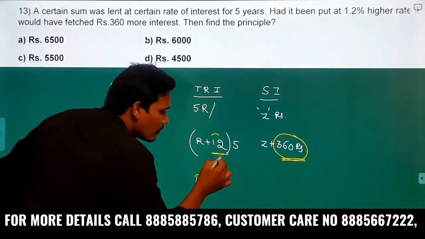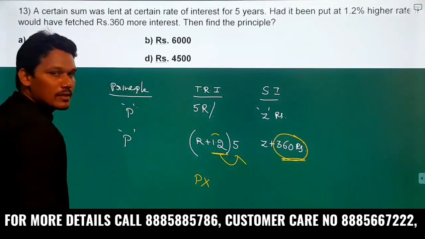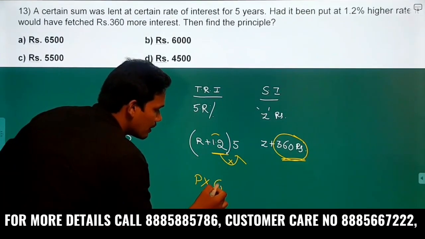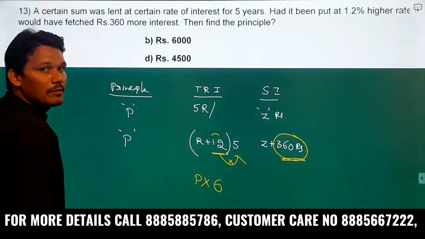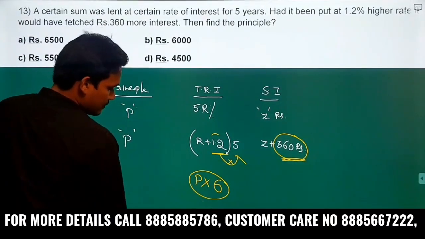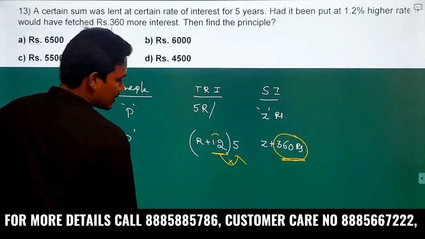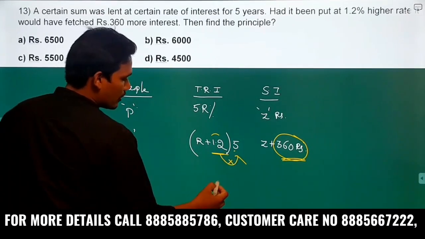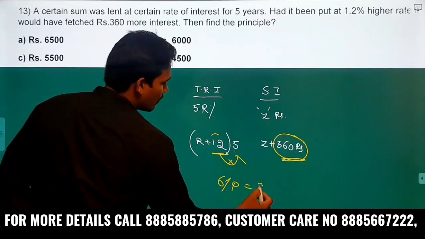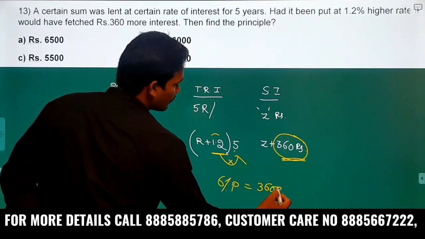Then for 5 years it will become how much? 5 into 1.2, that value will become 6%. You see here, simply I can say that 5 into 1.2, 6% on the principal, that value equals 360 rupees.